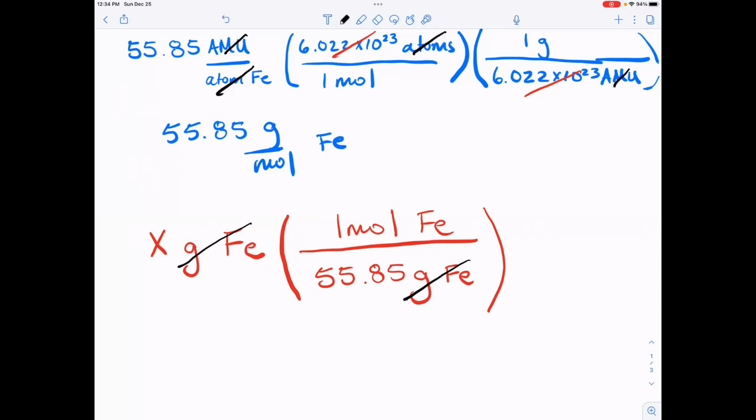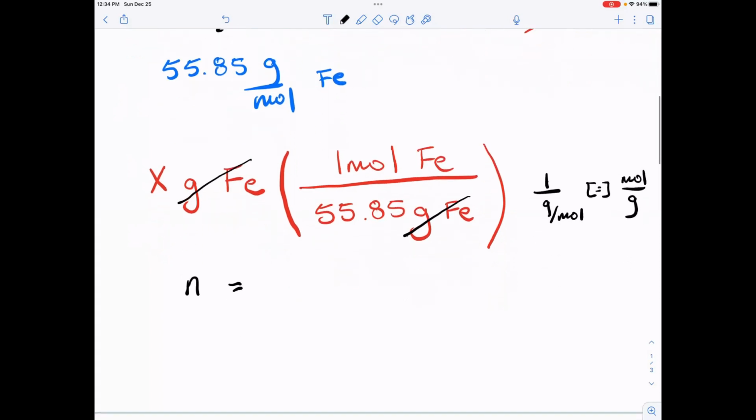If we have 1 over grams per mole, this is unit equivalence through math. This is just moles per gram. So this whole dimensional analysis tells us that n, the number of moles, is equal to mass over molar mass.